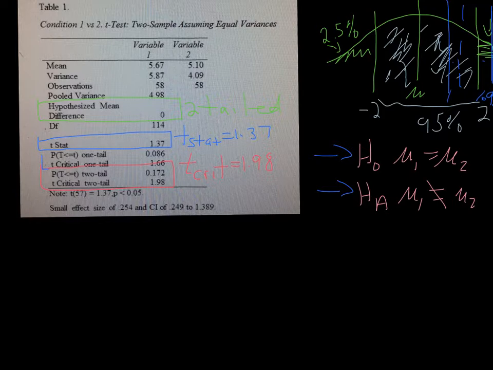And so here's my 1.37. As we can see, the t-crit line is 1.98. The t-stat is 1.37. It's a smaller value than the t-crit, which puts it in the normal region. Therefore, we would fail to reject our null hypothesis.